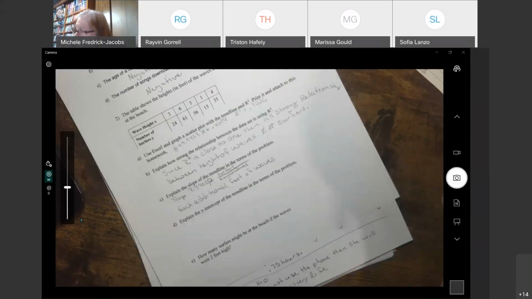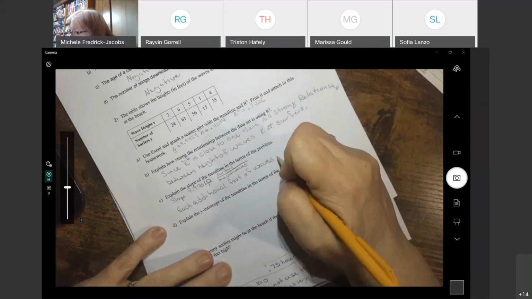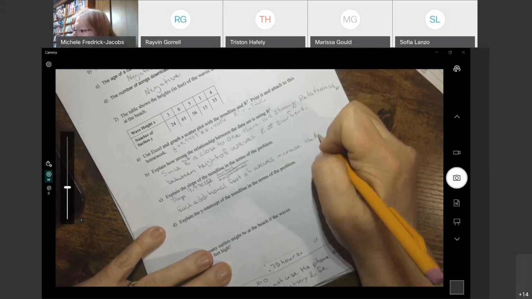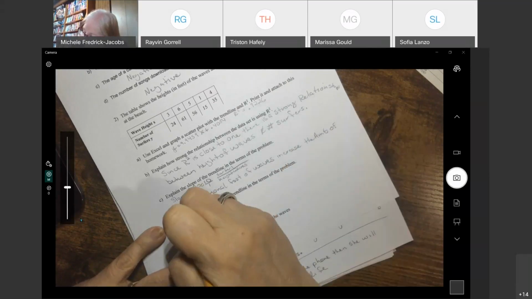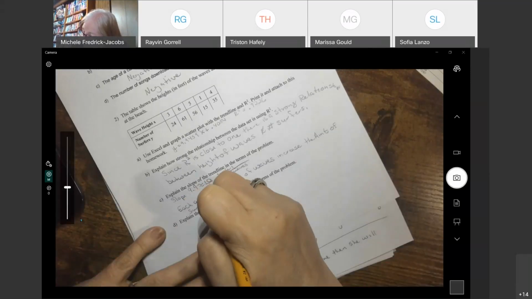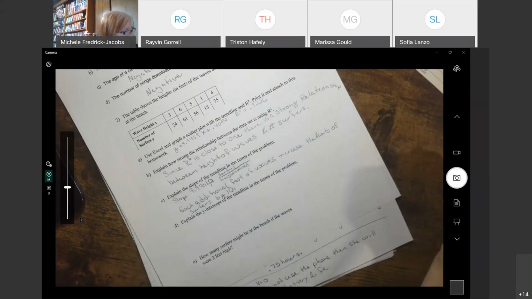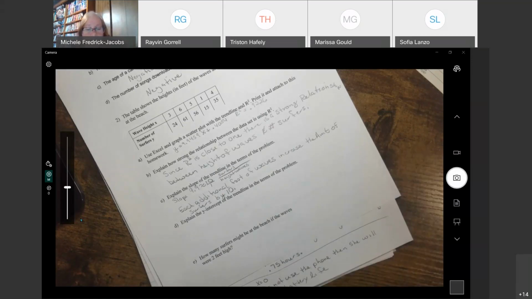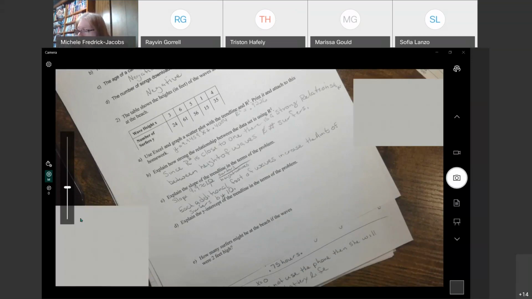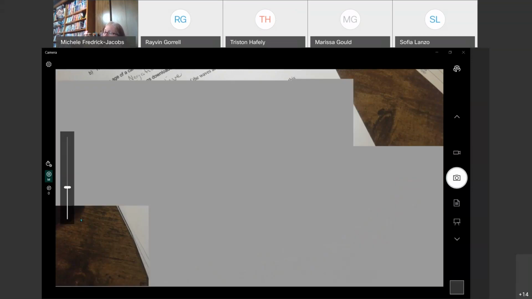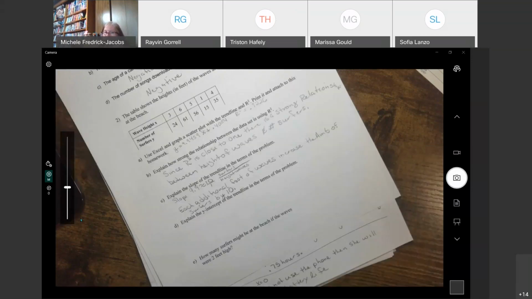So each additional foot of waves increases the amount of surfers by 10. I said, as waves increase by a foot, the number of surfers increases by 10. So either way. Any questions on that?